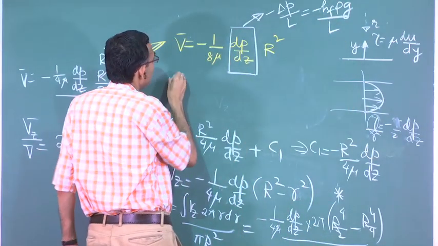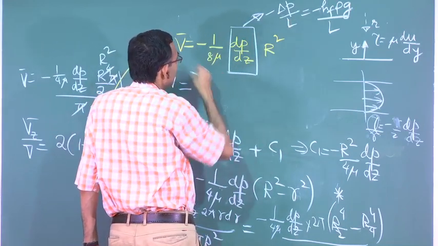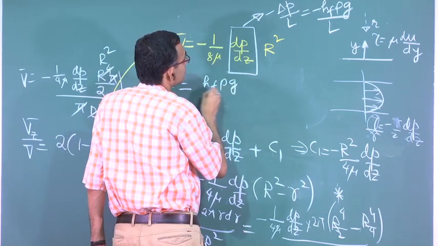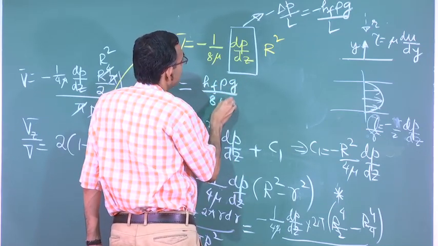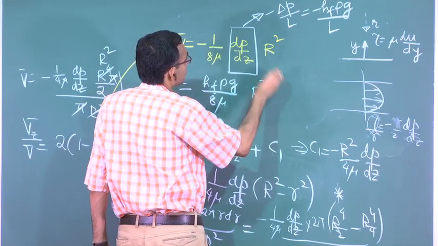So, you will get V is equal to, these two minus signs get cancelled out. So, HF rho g by 8 mu r square.